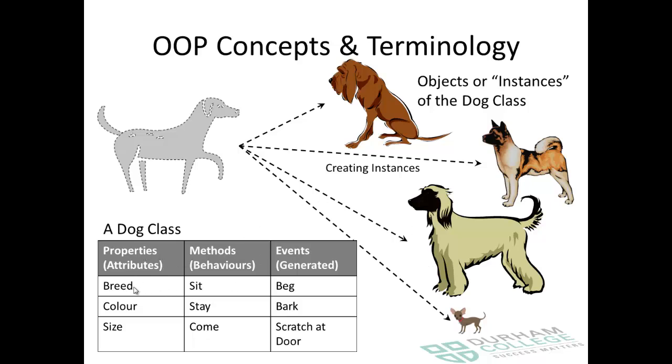So things like properties such as breed, color, size, methods such as sit, stay, come, and the events that these objects can generate would be things that should be responded to, such as beg, bark, and scratching at the door.